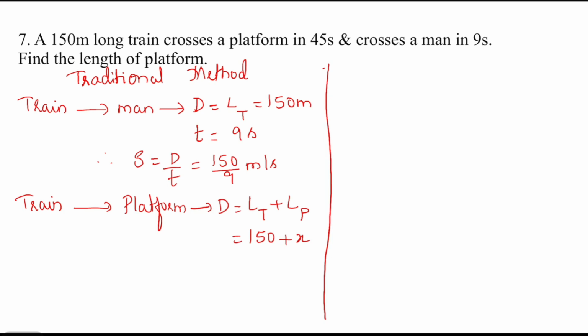The time it takes is 45 seconds. Therefore the speed will be distance upon time, and the distance is 150 plus x, divided by 45.